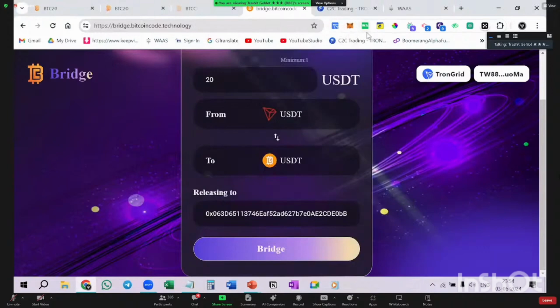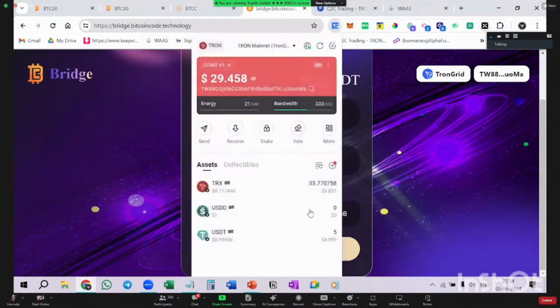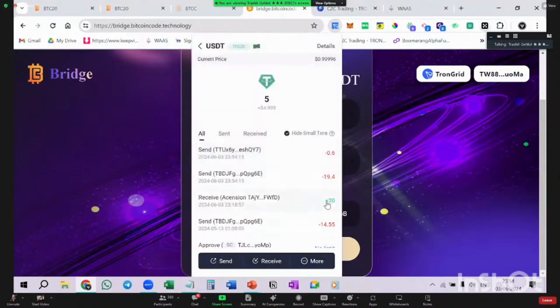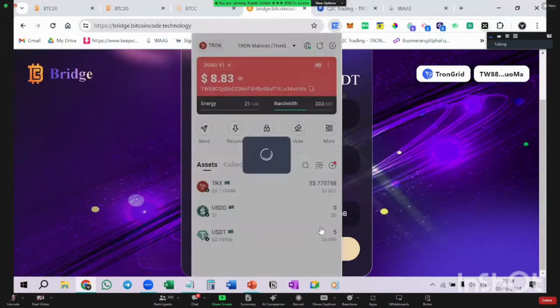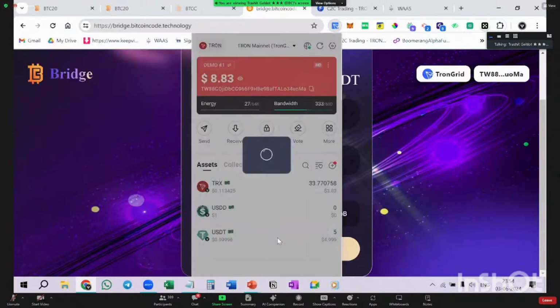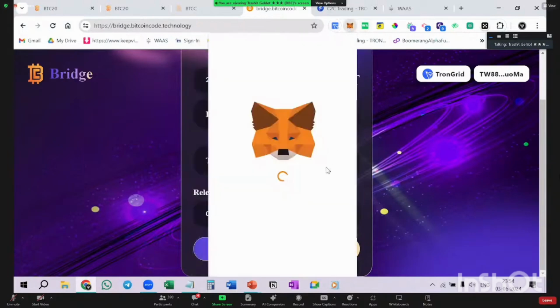All right, so let us check our Tron Link Pro wallet. So you can see 20 USDT have already been transferred. They have been deducted from the wallet, right? And let us check on our MetaMask wallet.